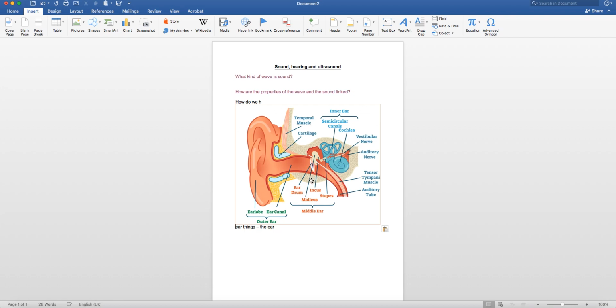On a separate point, you'll be aware that you sound different to yourself to the way you sound to other people. And that's because what you hear is a combination of what comes in through your ears and conductive hearing around your skull. So we hear ourselves as a combination of the two of those, whereas everybody else just hears what we would hear through our ears.